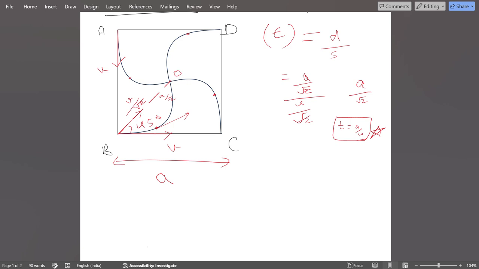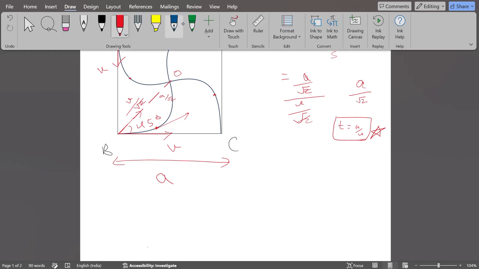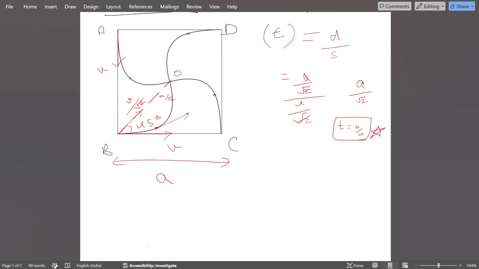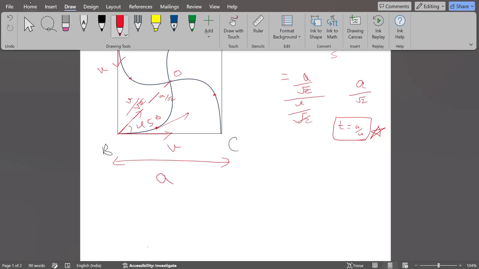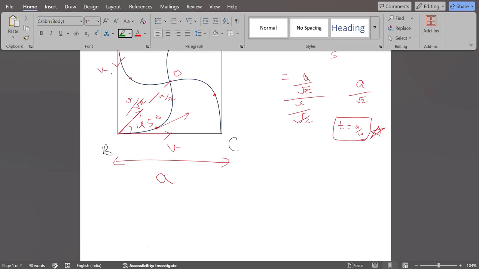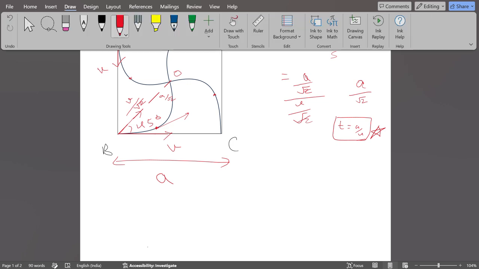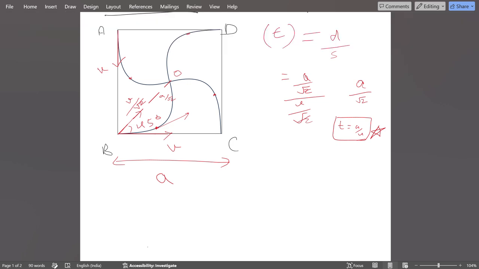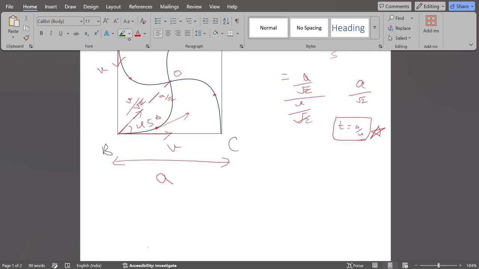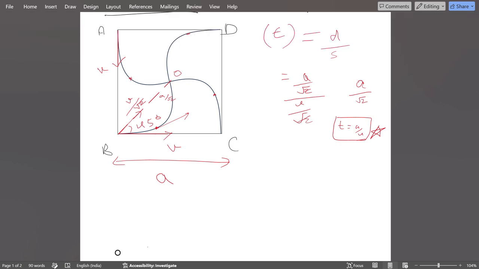Now, when you join these dots, like say at time t, if I want to change the color, let's make it green. At time t, they are all out here, here, and here.